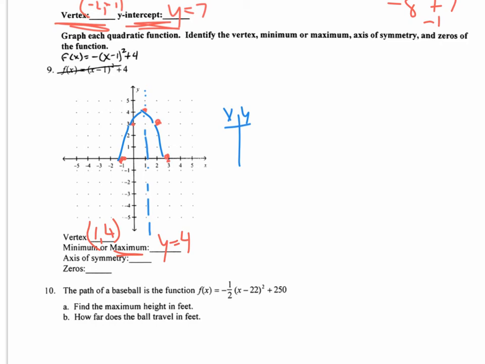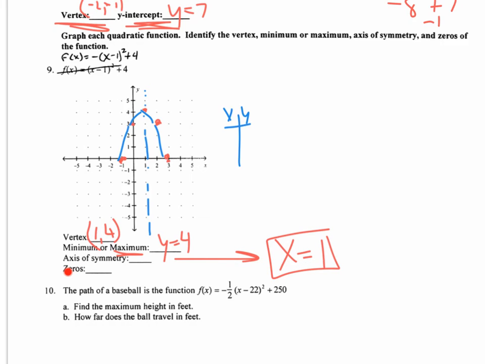The axis of symmetry is simply the value of x of your vertex. So this is the axis of symmetry. So we would say x equals 1. And since I'm running out of space here, I'm just going to write it over here on the side. Axis of symmetry is x equals 1. And finally, the zeros. Now, what are zeros?